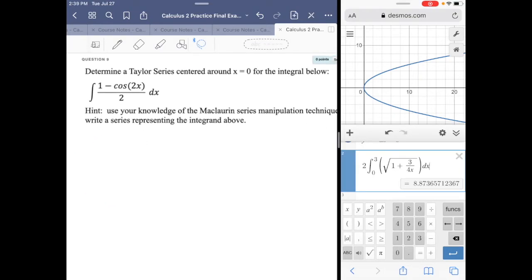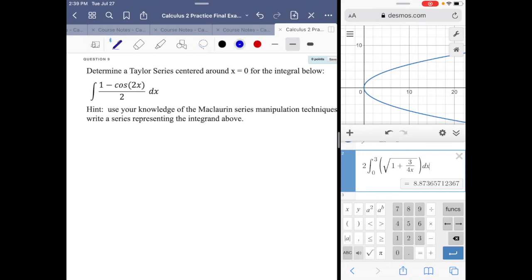All right, so number 9, we need a Taylor series around x equals 0 for this integral. So we'll start off with the cosine of 2x part of it.